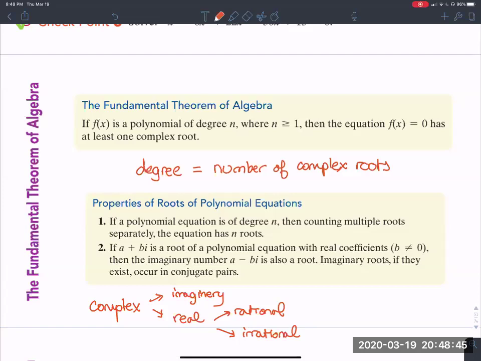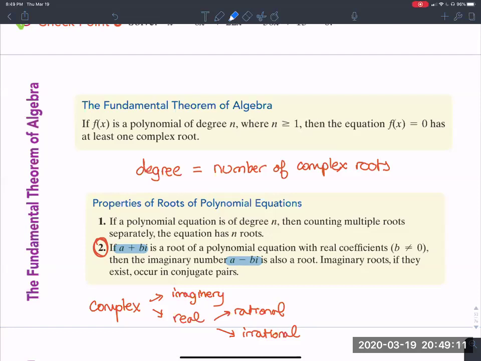If you have an imaginary solution, a plus bi, then its conjugate, a minus bi, is also a solution. So imaginary solutions come in pairs.